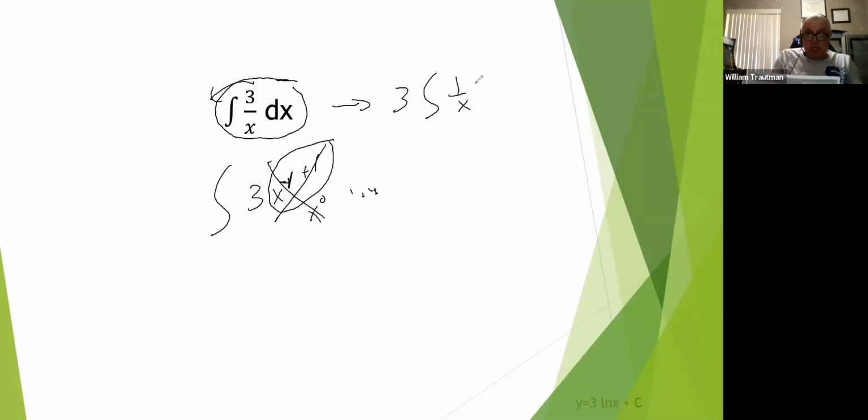So I'm looking at calculus integration. I want to start off by looking at where it says common integrals.